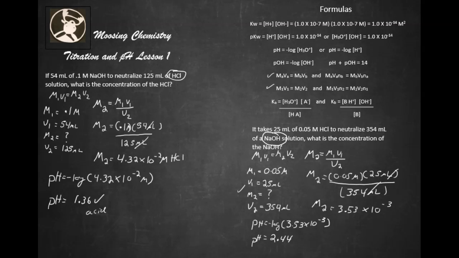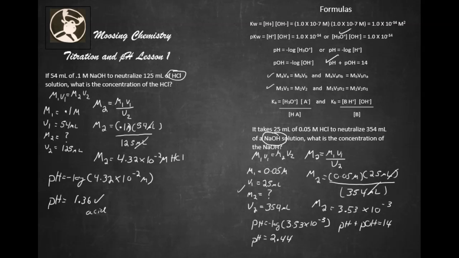So there is an equation that can fix this. You go pH plus pOH equals 14. You could also do it another way, using the hydronium and hydroxide ion concentrations with Kw, but that's a lot of work.